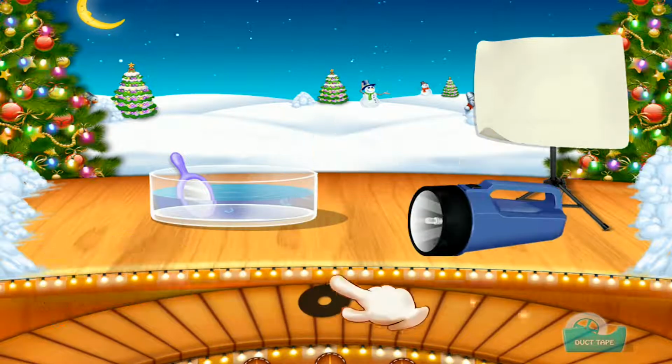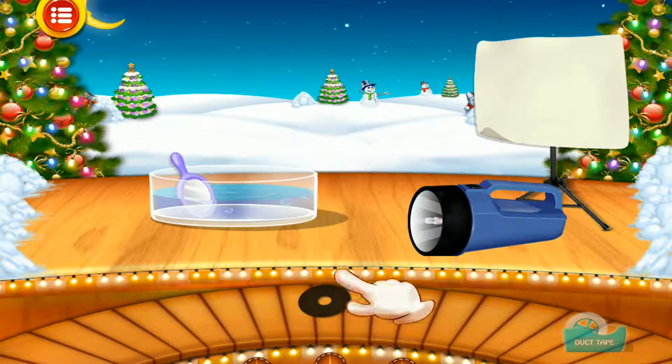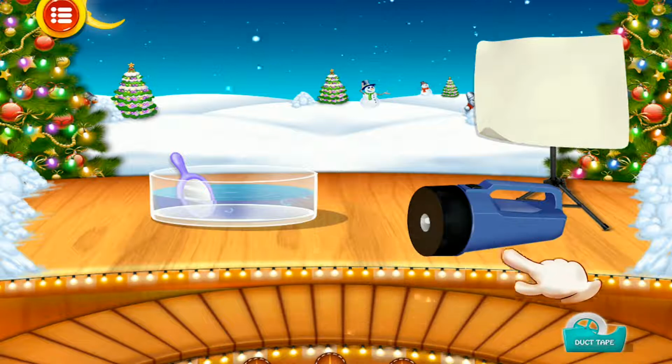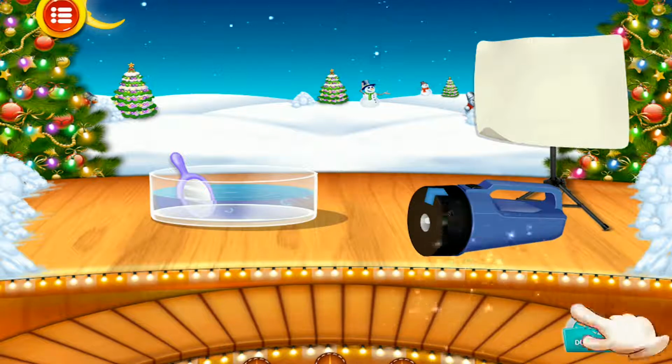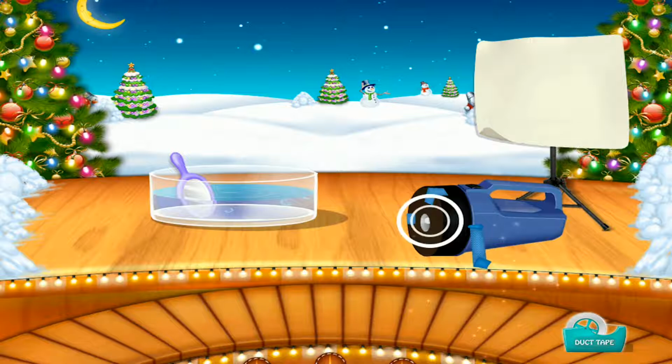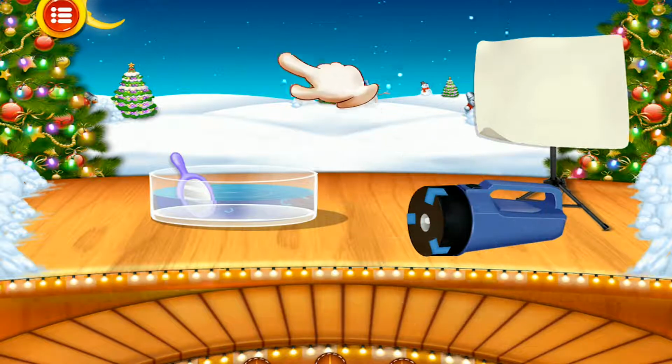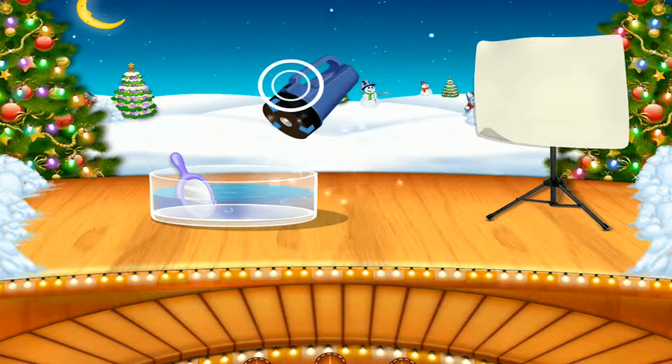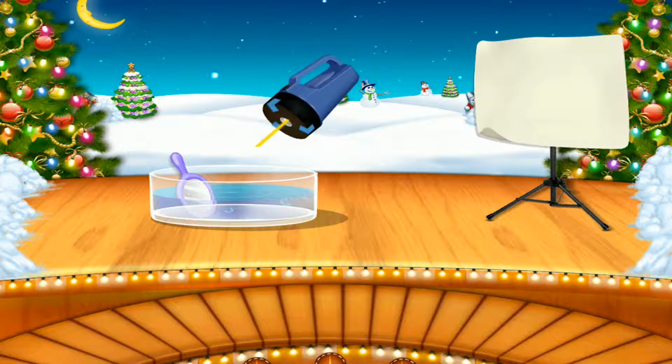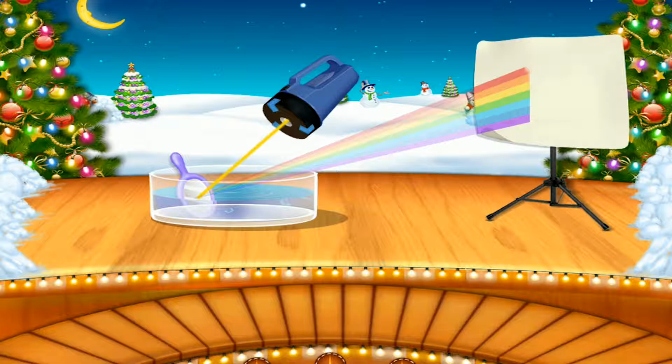Take a torch. Place the black paper with the hole on the torch. Fix it with the sellotape. Now throw light on the mirror. What did you observe?